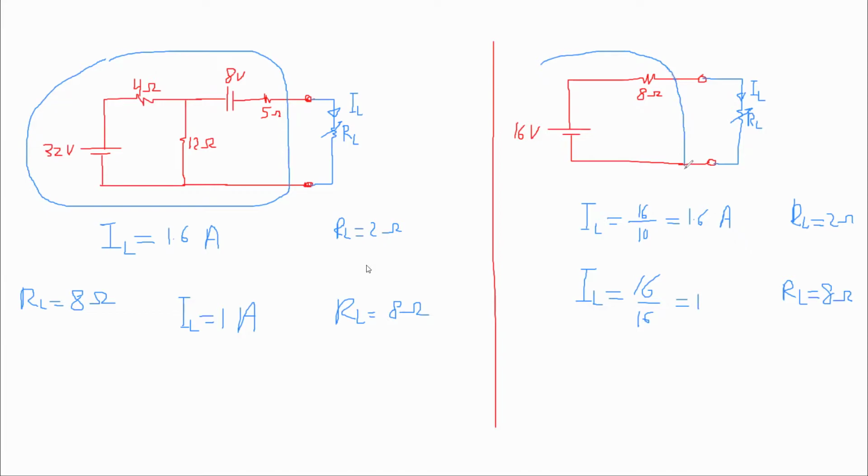For what? For a complicated circuit. I'm going to find an easy circuit that's equivalent to the complicated circuit. Now, what is the easy circuit? Only one source and one resistor in series. This is a very easy circuit.